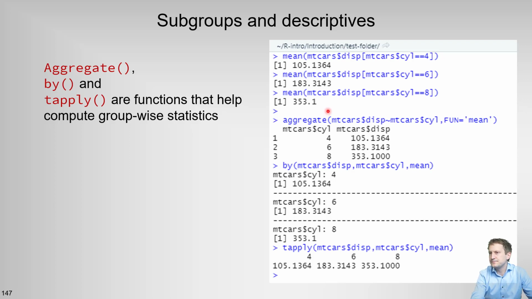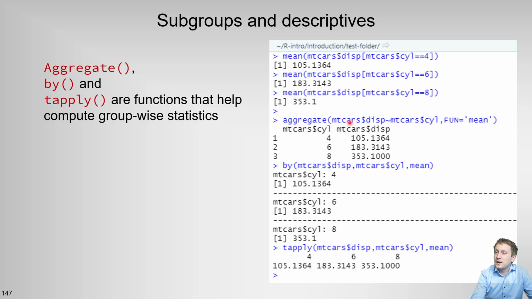That makes sense. But is there a better way? With just 4, 6, and 8, it's kind of doable. If you have more different values for the number of cylinders, it gets a little bit tedious. So one way is to use aggregate, and personally I like to use the aggregate function the most if I have to use base R. The syntax works in this way.